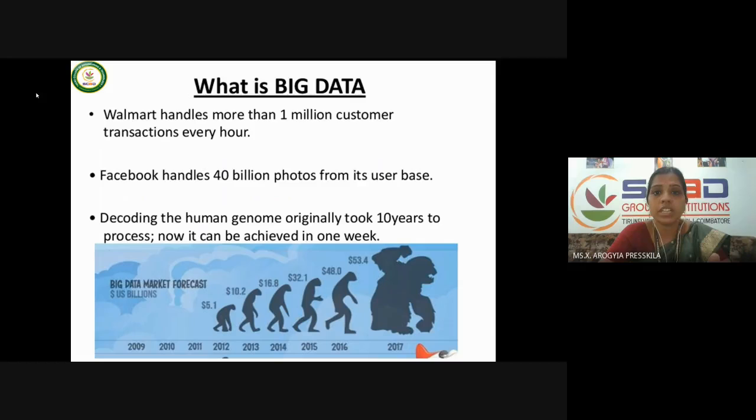So big data is data that has different types of data. The word big means large, so a large collection of different types of data that can be stored, processed, and analyzed. Then you can move to the next slide.